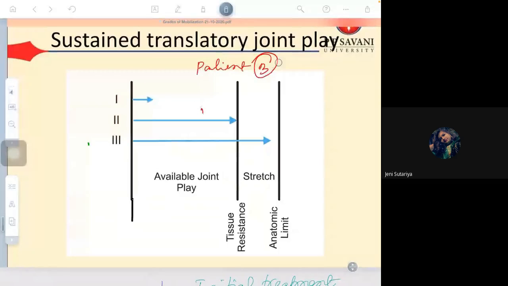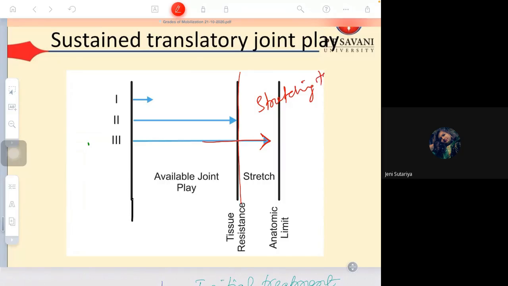You are crossing the tissue resistance, or in other words, you are stretching the capsule. If the capsule is stretched, then there will be more space for joint play.